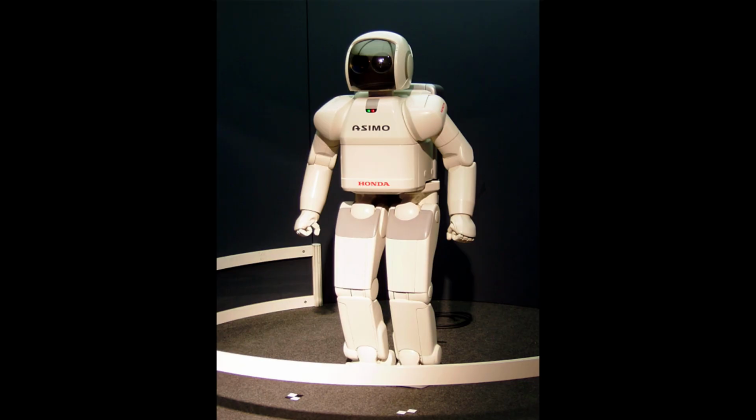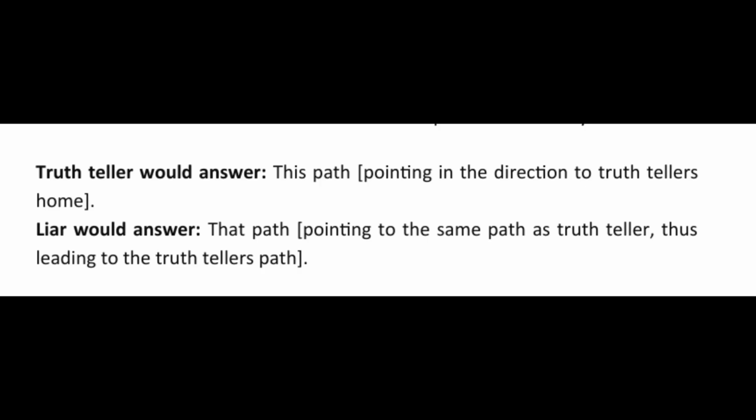This is supposedly a P problem in math. A robot wants to find truth, and it stands before a fork in the road, supervised by an undefined truth-telling equipped or unequipped person. The question the robot must ask the supervising person, if the robot is to reach truth, is: which path leads to your home?